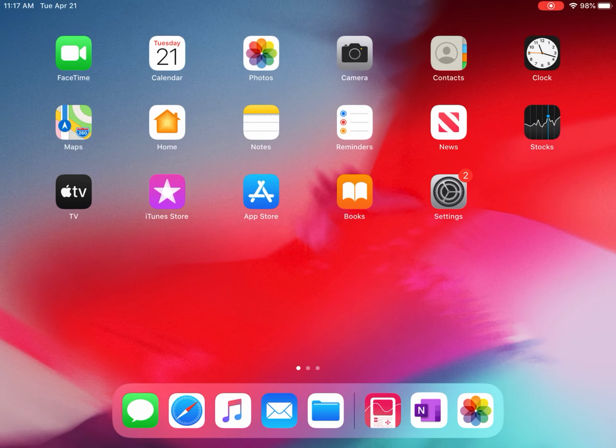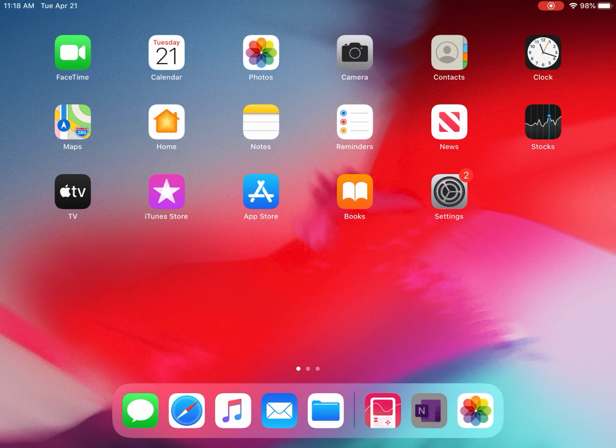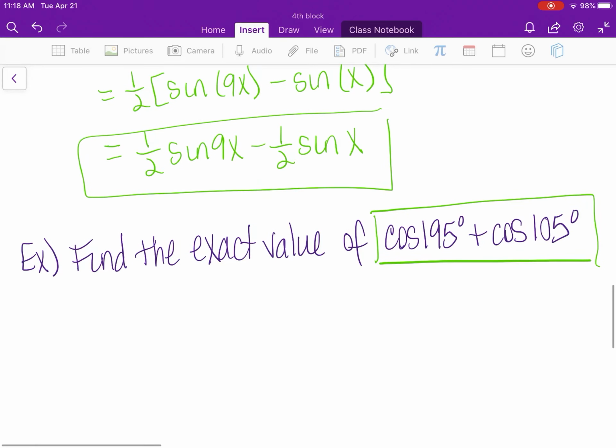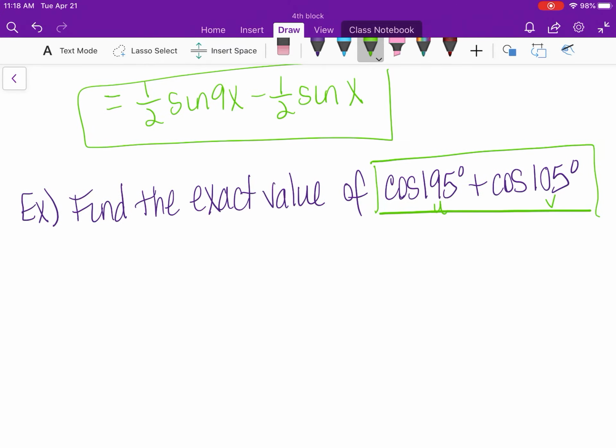Nope. Okay, so we're going to go back to my photos here, and this time look over here at the sum to product, because that has us adding two cosines if you look at the third formula down. Okay, so I'm going to use the cosine u plus cosine v formula. And I know u is the 195 and v is the 105.